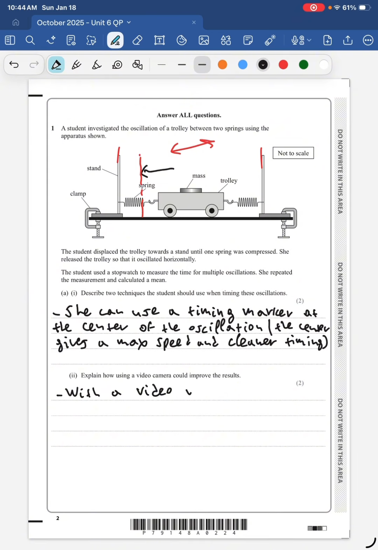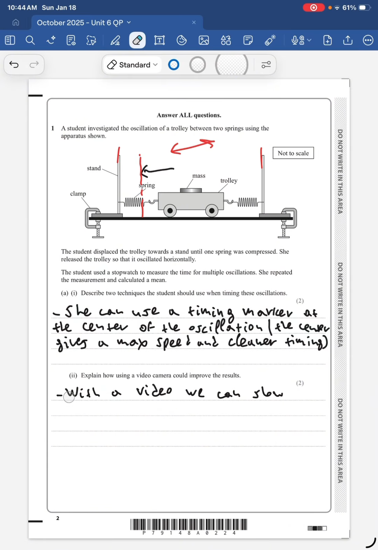So with a video, we can slow, what am I trying to say? I'm trying to say that we can see the video in slow motion. So okay, maybe let's write it this way.